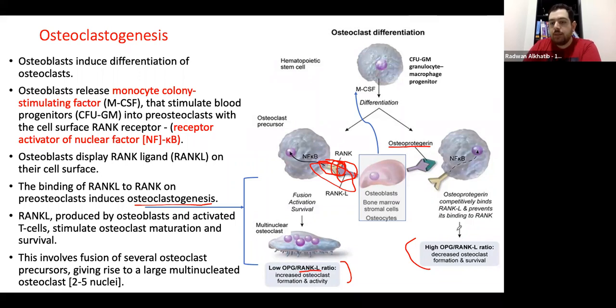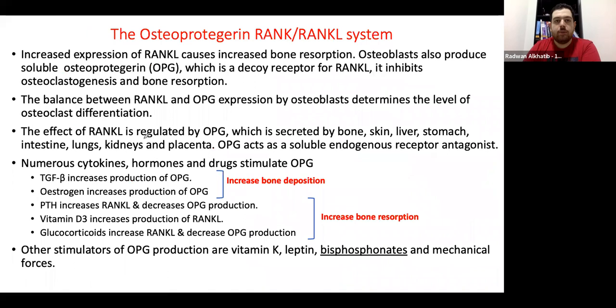While on the opposite side, if you have a high OPG and a low RANK-L, then you are preserving the bone, you don't want to destroy it. And there are many hormones that control the level of these two things that we will talk about now.